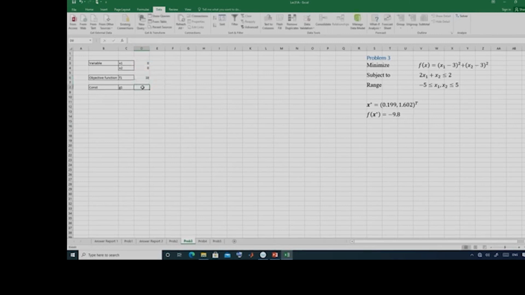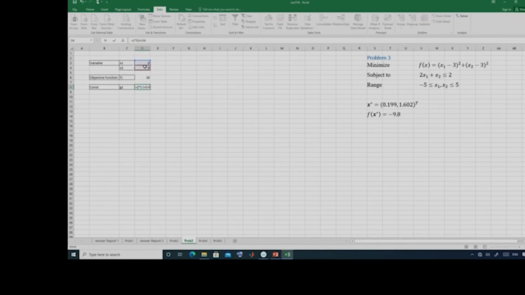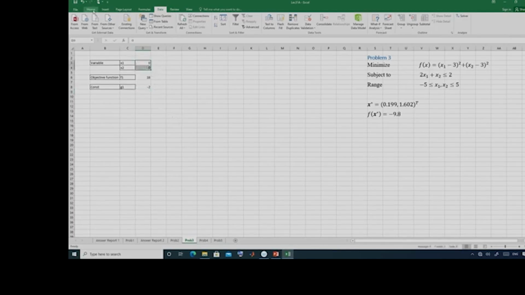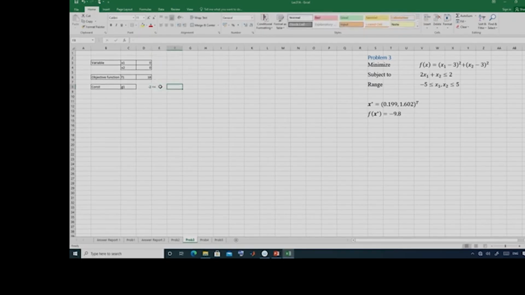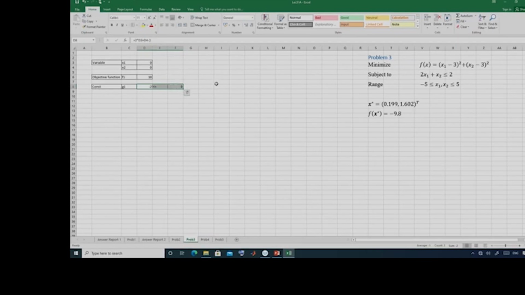And we have only one constraint, that is 2 star x1 plus x2 minus 2. So, this is the constraint, and this is less than equal to 0. So, I have defined the problem here.